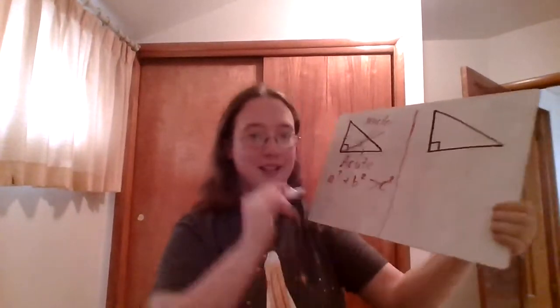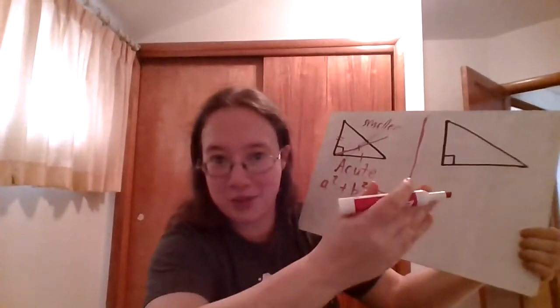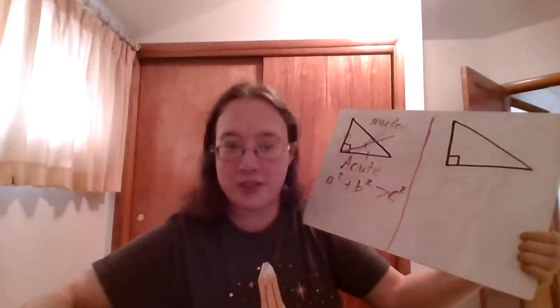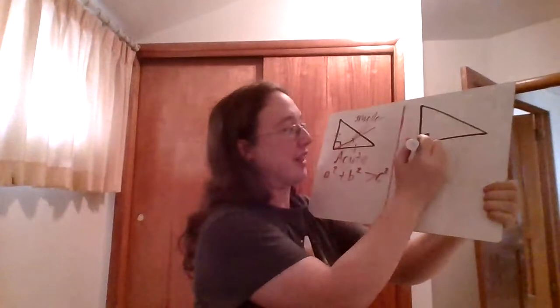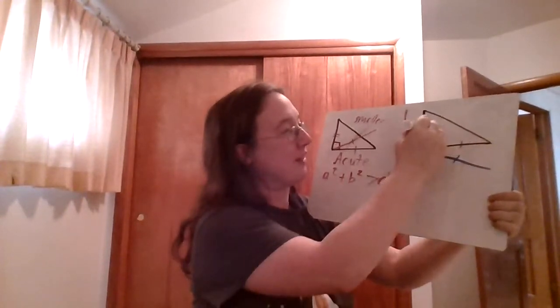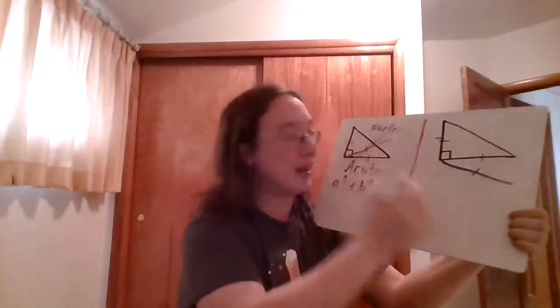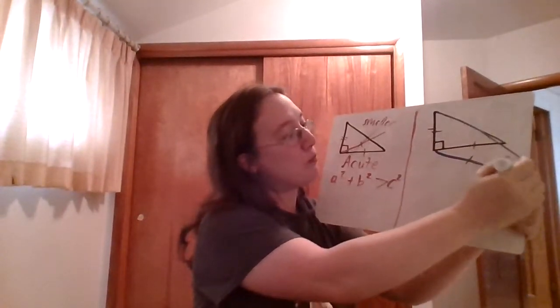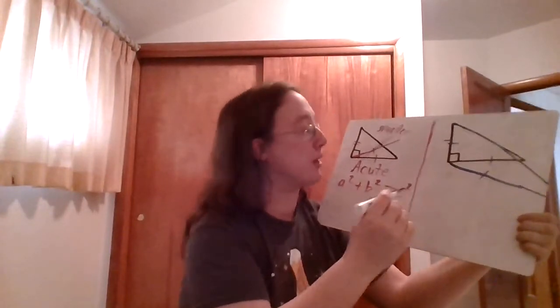Okay. Now, take a guess what's going to happen if we make it an obtuse triangle. Yeah, the opposite's going to happen. So if we take that angle and we make it bigger instead, again, if we keep this side the same as this side and this side the same as itself, if we make that angle bigger, that's going to make this side of our triangle bigger. So big it's going to go off my little whiteboard here.